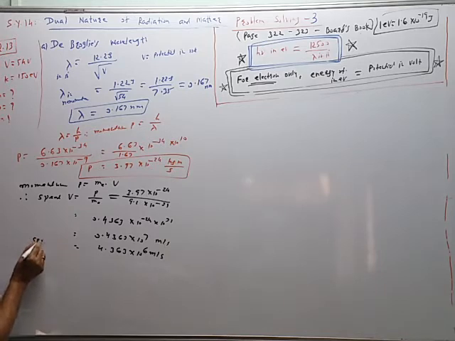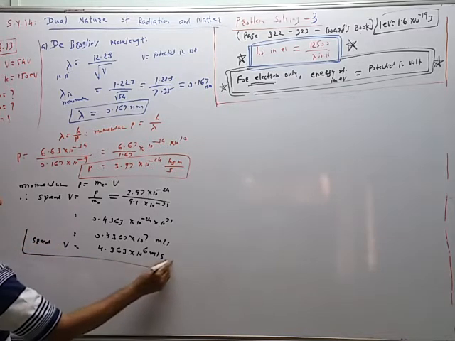So speed of the emitted photoelectron v is equal to this much meter per second.